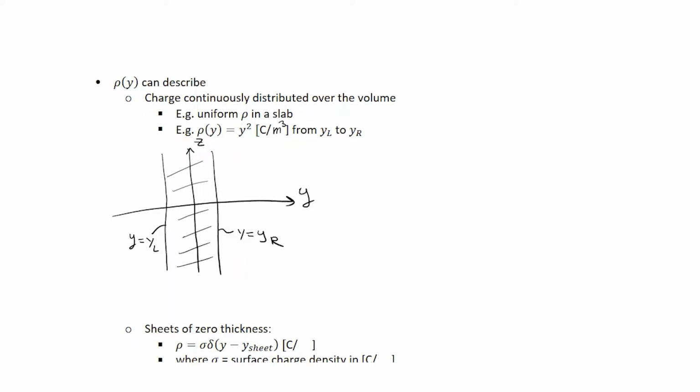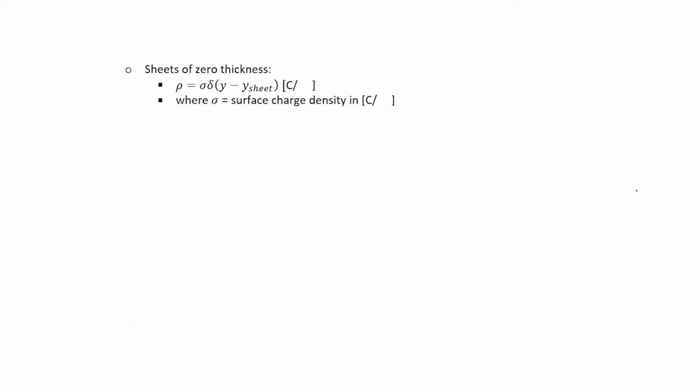You could also have charges of zero thickness. Those would have expressions like these ones. Its rho is measured in coulombs per meter cubed again, and the charge density is equal to some surface charge density measured in coulombs per meter squared times delta of y minus the y position of the sheet.